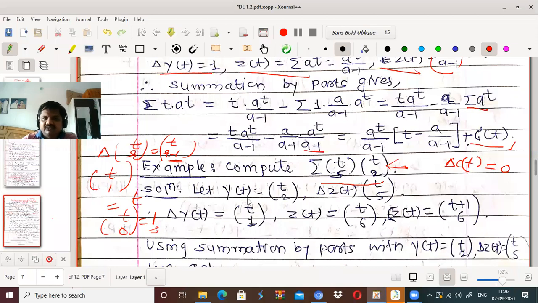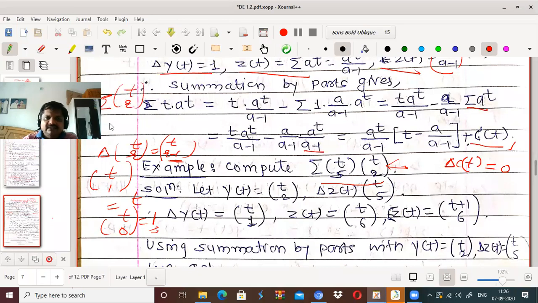So I will consider this function as first, tC2, and this function as second. So let yt equal tC2 and delta zt equal tC5. Therefore, delta yt becomes tC1 and zt becomes summation of tC5. What is summation of tC5? We have the formula for summation of tCr.